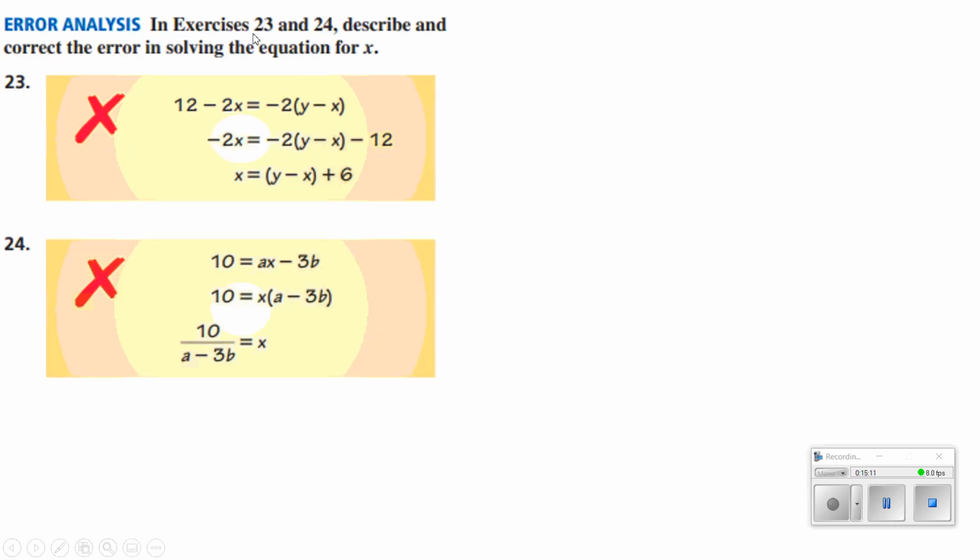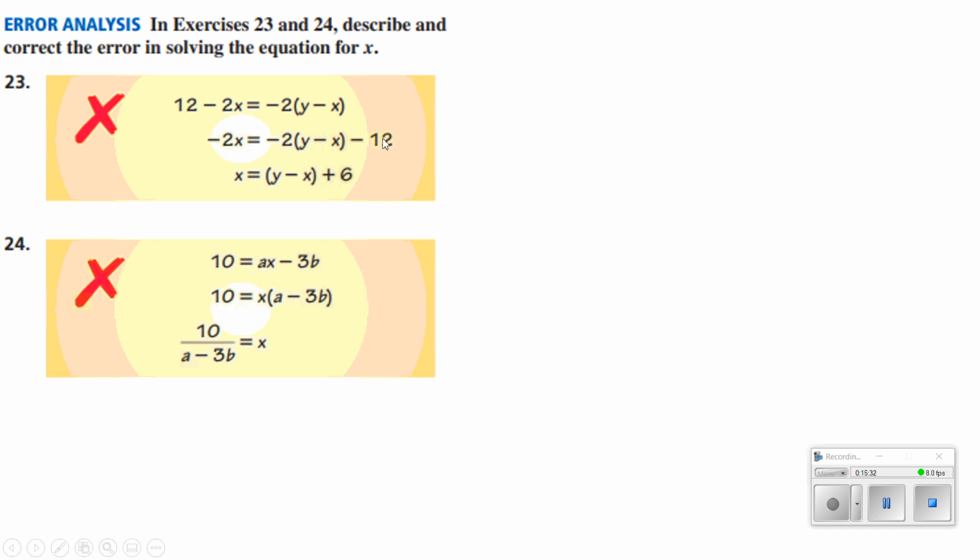Number 23 says in exercises 23 and 24, describe and correct the error in solving the equation for x. All right, let's correct this error. What we see here is the person decided to go ahead and subtract 12 from this side.